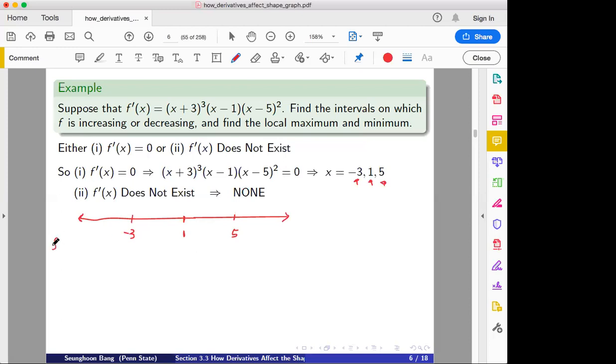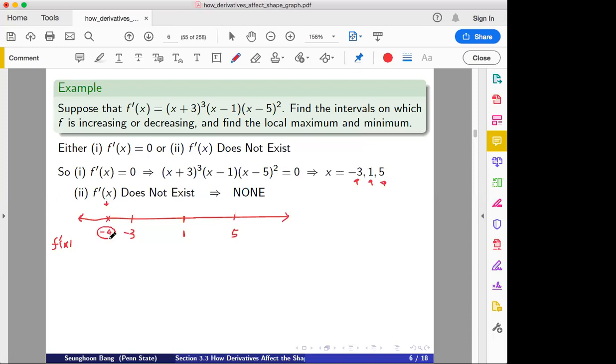You can check f prime of x. Is f prime of x positive or negative on the left-hand side? I want to choose one test number less than negative 3. Which number do you want to choose? Okay, good, minus 4.